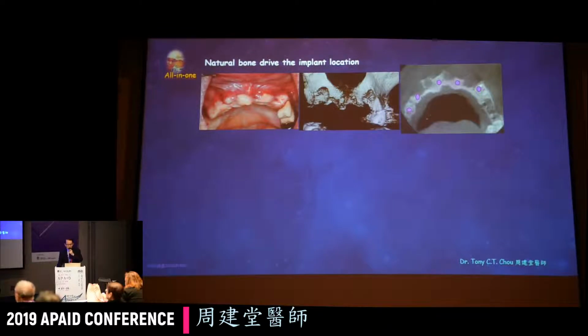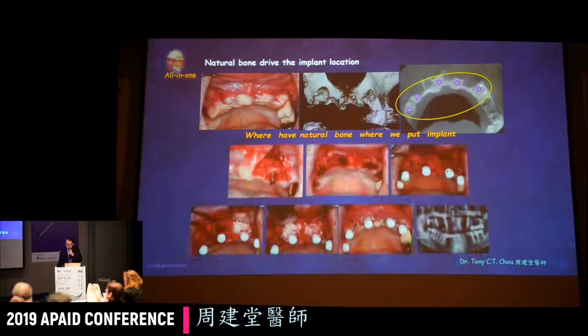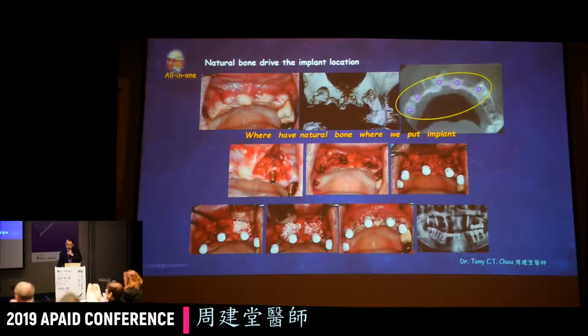The first concept, natural bone driven implant location, is a very important concept and very sensitive skill in one operation implantology. You see, like this case, a very difficult situation, we select the implant location where I have natural bone, where we put the implant. The key point is how to apply the existing natural bone to get good primary stability.